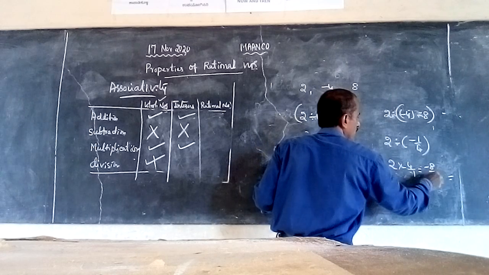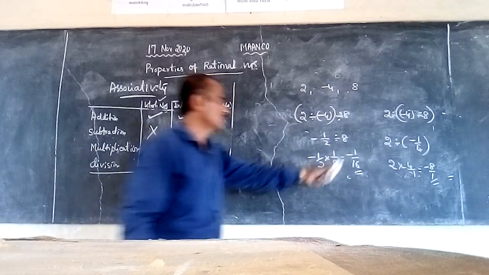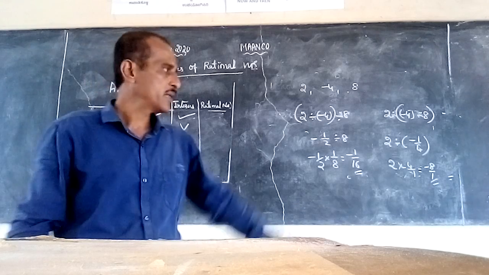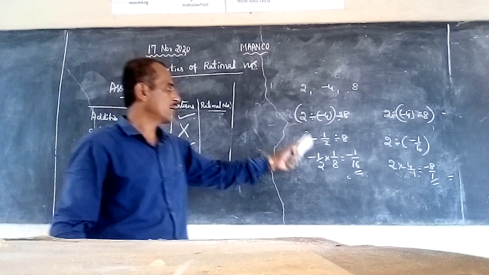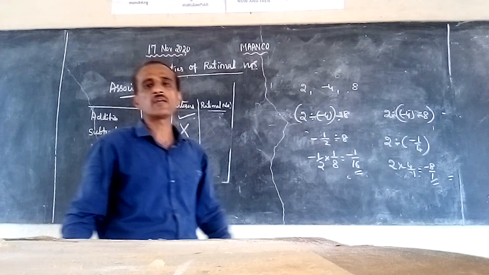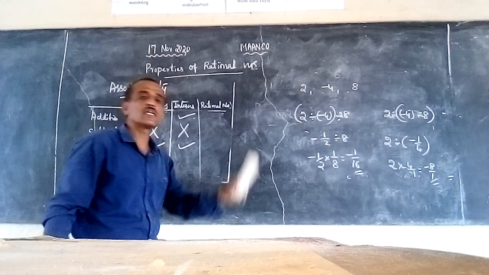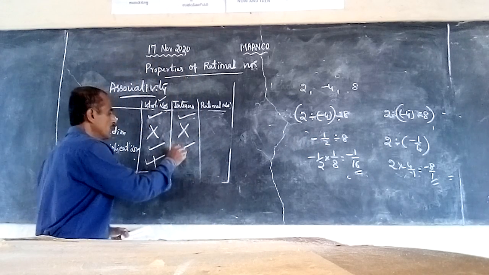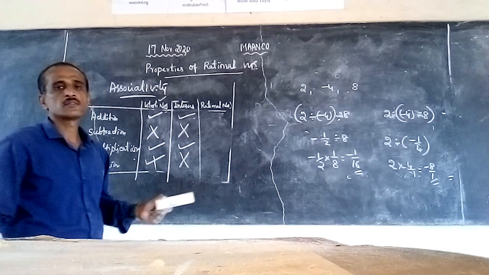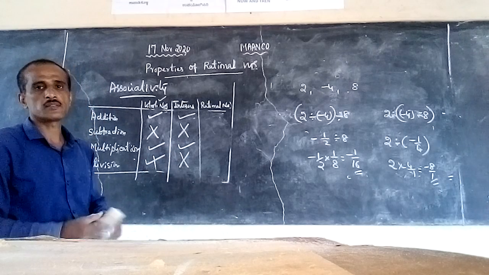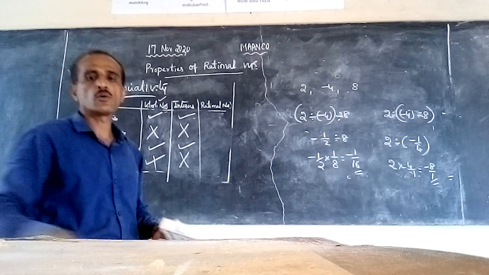Here we said minus 1 by 16, and that side in RHS minus 4 is the answer. Therefore, minus 1 by 16 is not equal to minus 4. Therefore, division is not associative for integers. Subtraction and division are not associative for integers. This is why we can conclude.